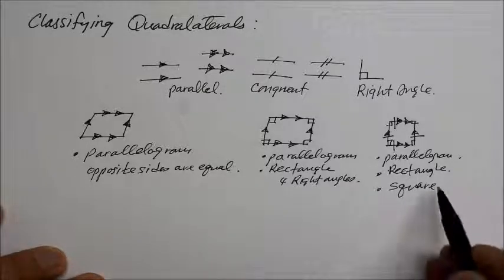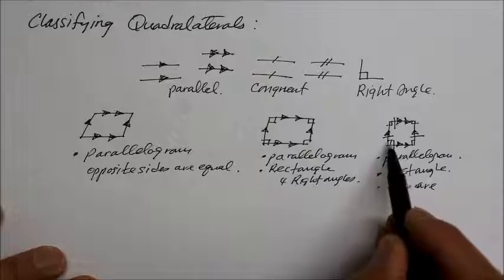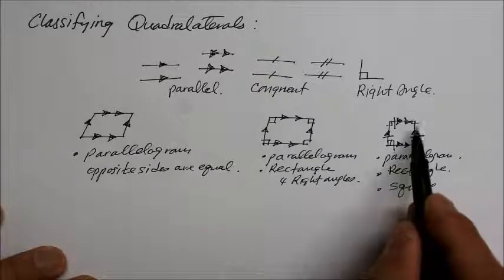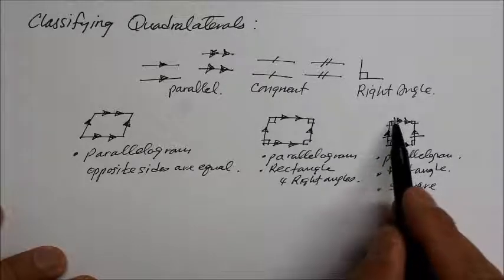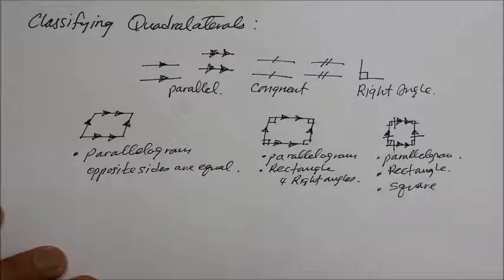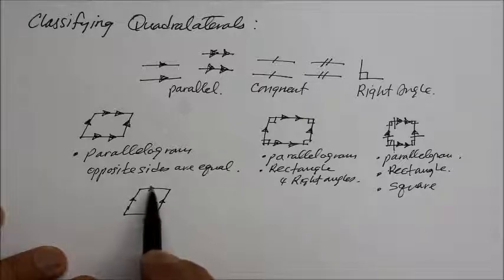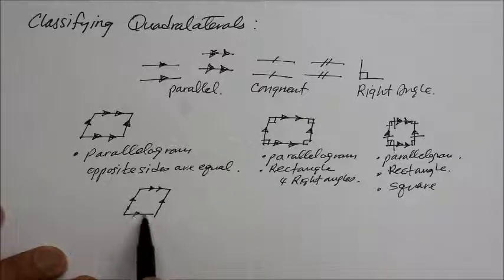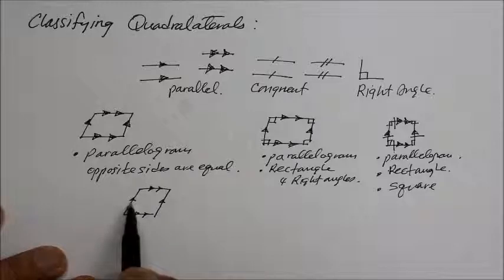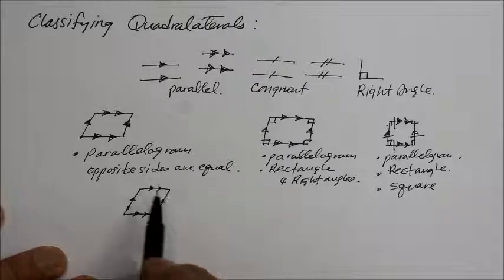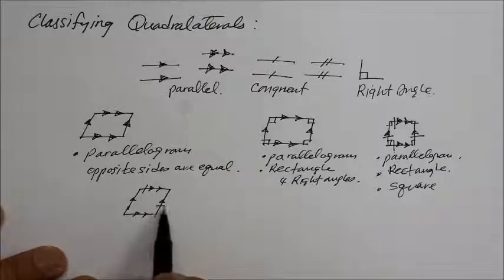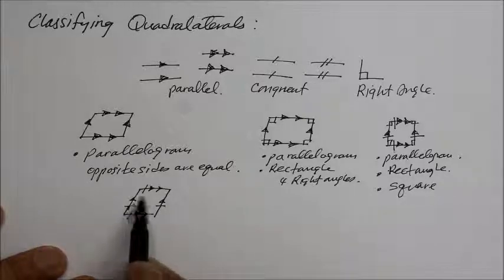A square also happens to have four congruent sides. And finally, this is also a parallelogram because we have two pairs of parallel lines and four congruent sides. But check this out.